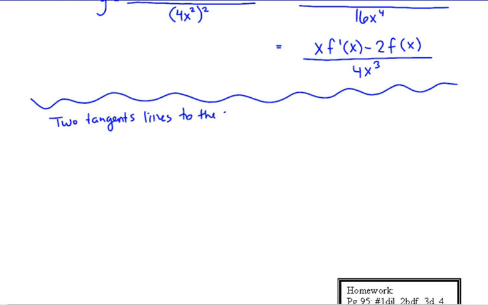You can do a sketch while you're waiting. Can you please sketch this? Two tangent lines to the curve y equals x squared plus 3 pass through the origin. Find the coordinates of the points where these tangent lines meet the curve.